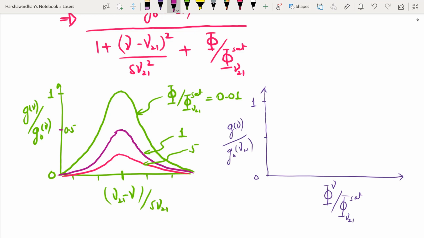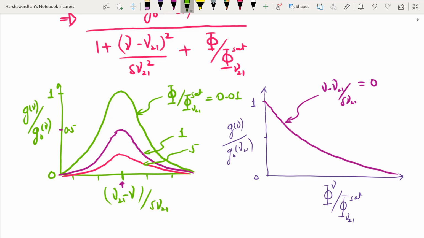Imagine you are on resonance, then because of saturation the gain will fall from 1 to a lower value. I'm looking at on resonance, that is nu minus nu to 1 divided by delta nu to 1, this parameter is 0, this is on resonance. So let us say you're sitting at this line center and you're asking, as you increase the photon flux, what happens? So you're tracking the peak of this curve and the peak falls off.